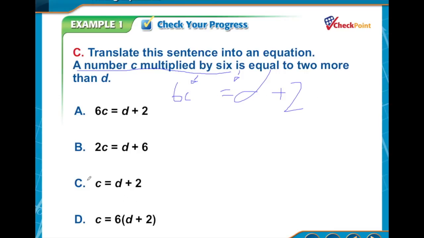If we look at our options, c is out, d is out, b is out. The only solution that is on par is A. That's our expression when translated from a sentence into an equation. So for this one, we should all have letter choice A.